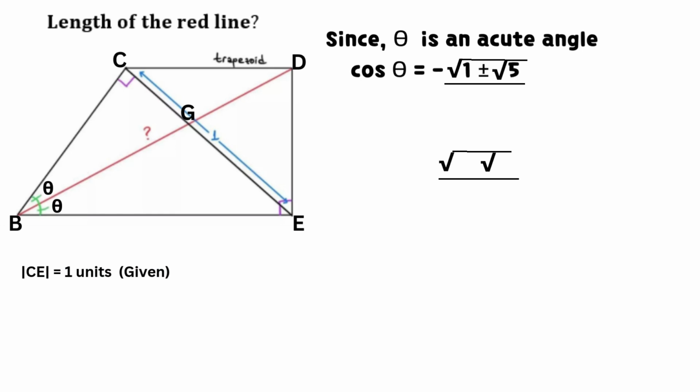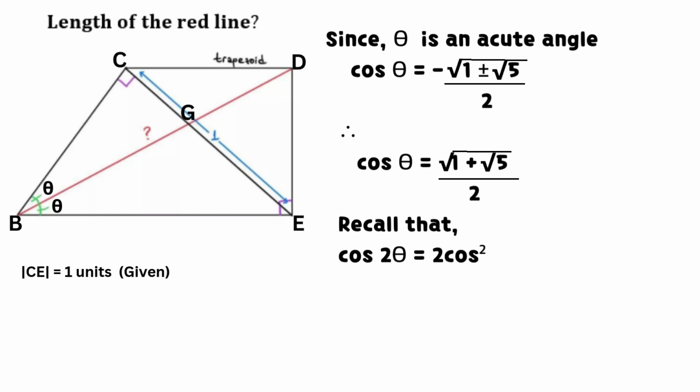Since theta is an acute angle, cosine theta is positive. Therefore, cosine theta equals half the square root of the sum of 1 and the square root of 5.